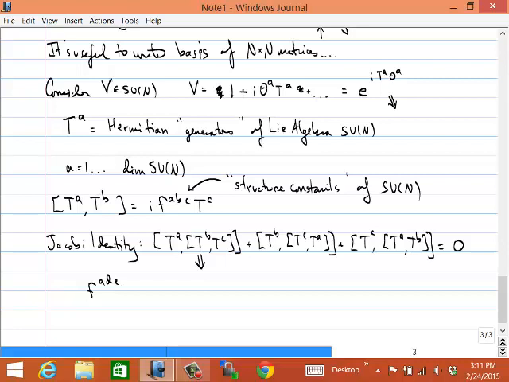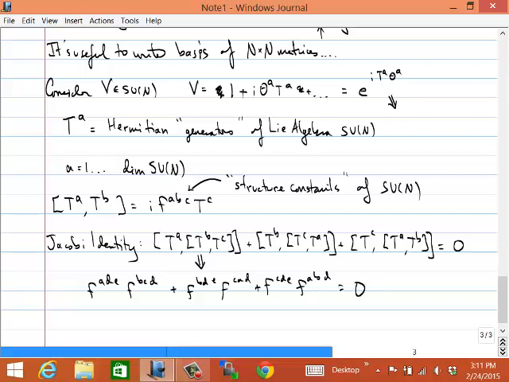That's f^{BCD}, f^{ADE}, and then plus the various other terms, so there's an f^{CAD} f^{BDE}, and a final term, f^{ABD} f^{CDE}, all has to be equal to 0.